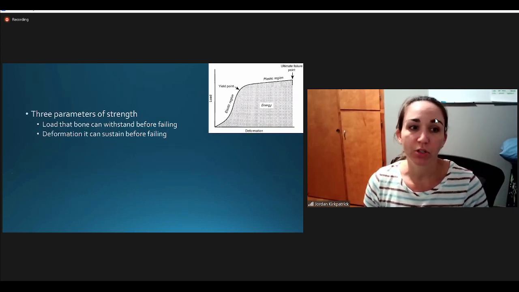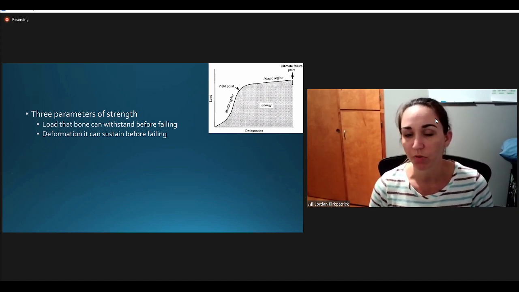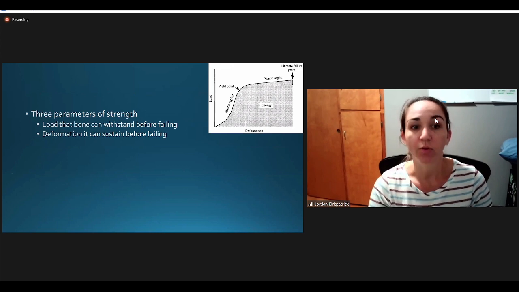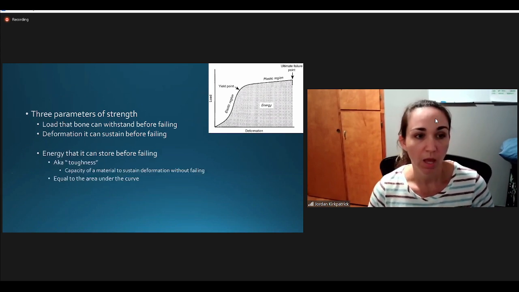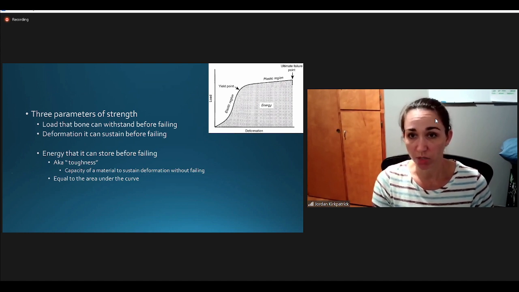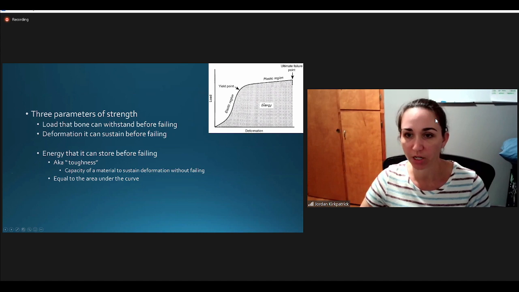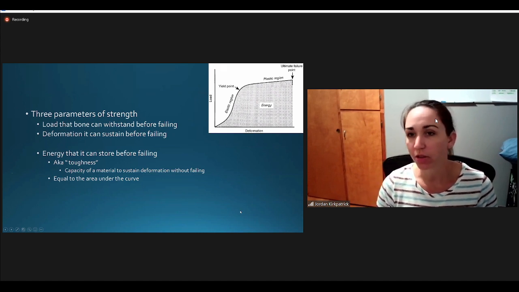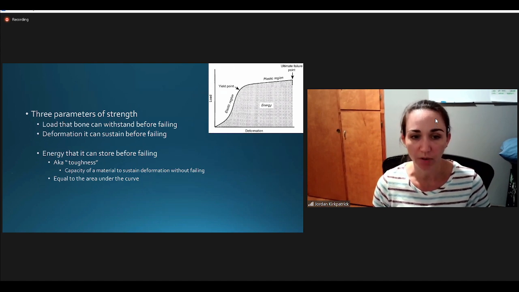Three parameters for the strength of bone are the load that the bone can withstand before failing, the deformation it can withstand before failing, and the energy that it stores before failing. And energy is really important. Energy is the area under the curve, which, depending on what you're reading, can also be called toughness.